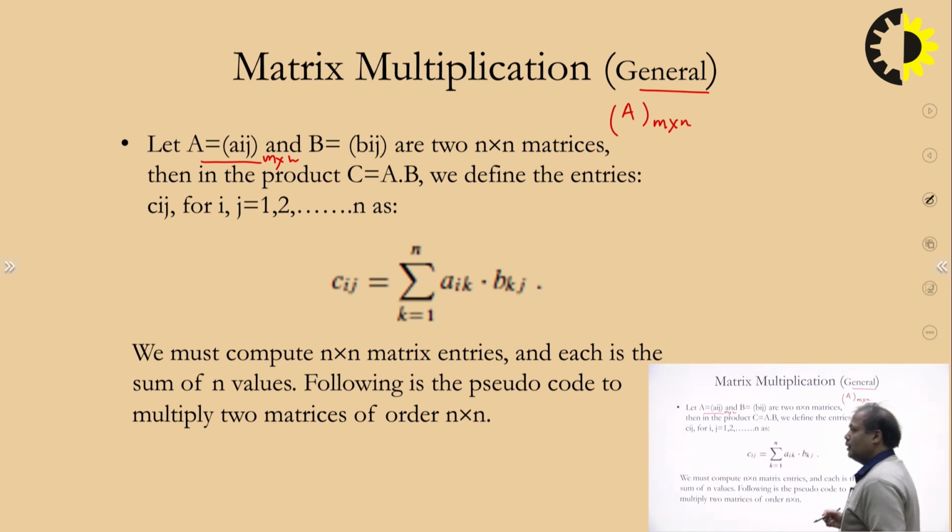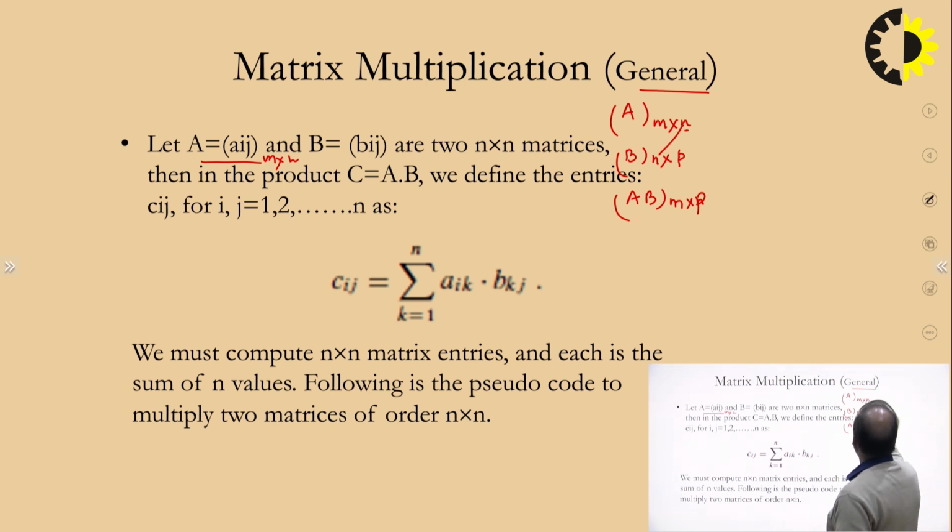So B must have dimension starting from column n, that is n by p, right? So the first one has dimension m by n and the second has dimension n by p. Multiplying these matrices will give a matrix of dimension m by p, right?